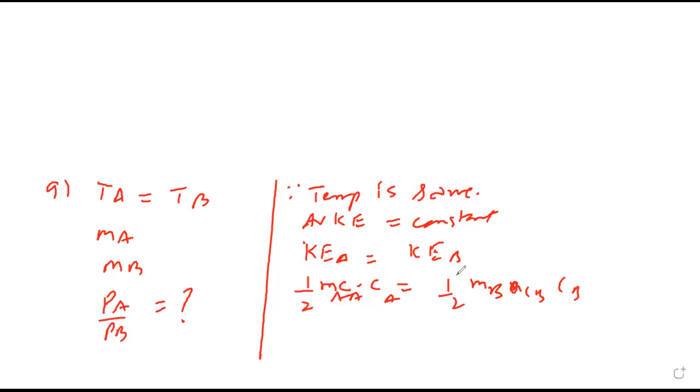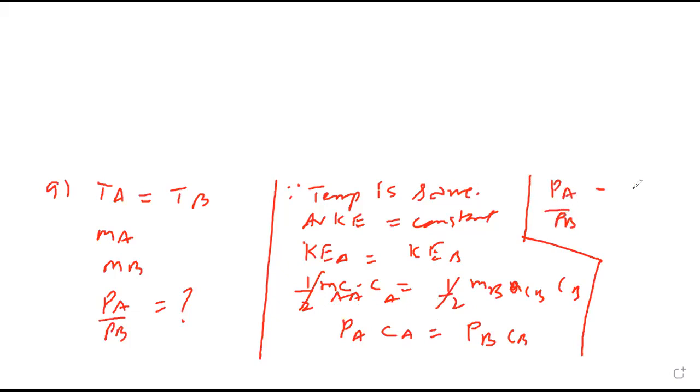What is mass into C? Is it momentum of A? This is momentum of B into CB. Any doubt till this? No, sir. So PA upon PB is CB upon CA.